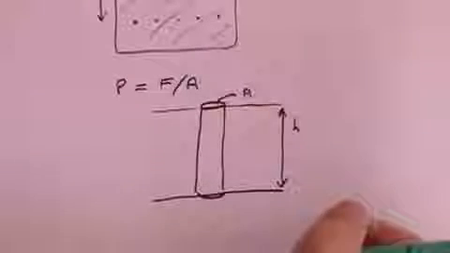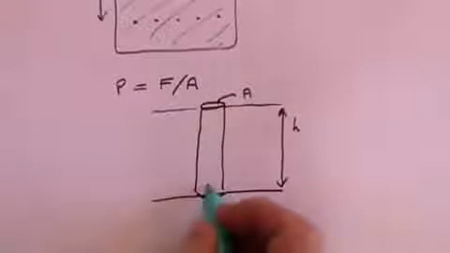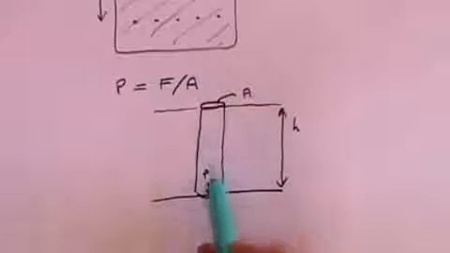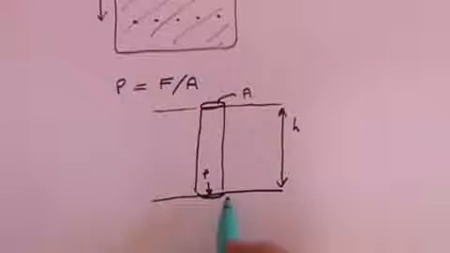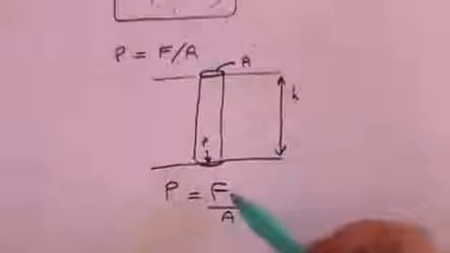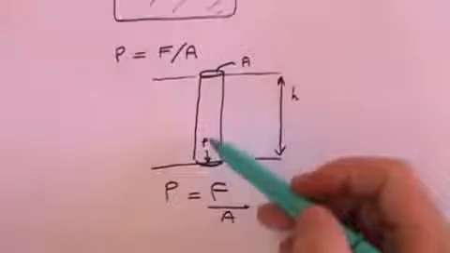And we can say that the pressure, which is a result of all the air bearing down on the surface of the Earth, is equal to the force divided by the area. The force is the weight of air.